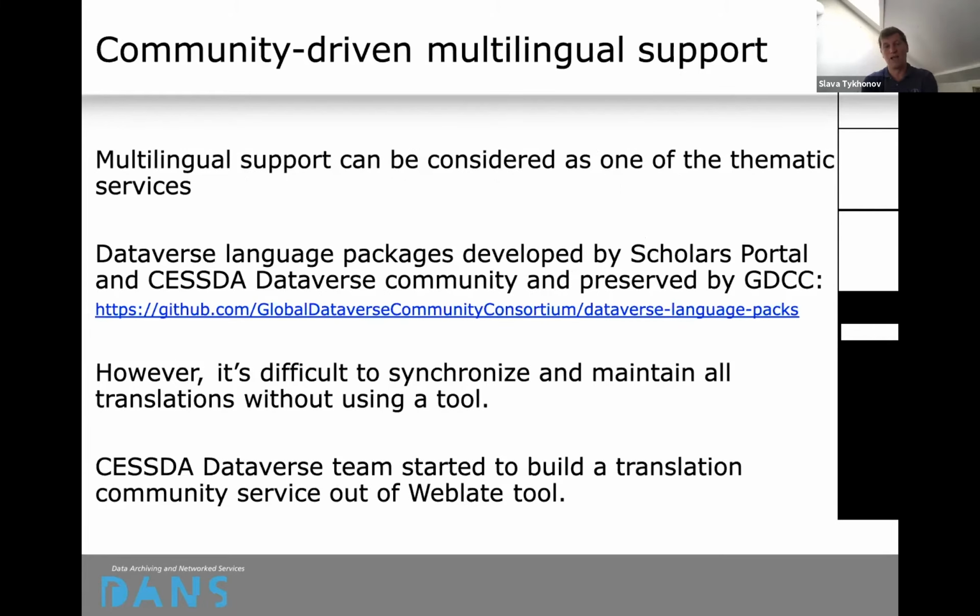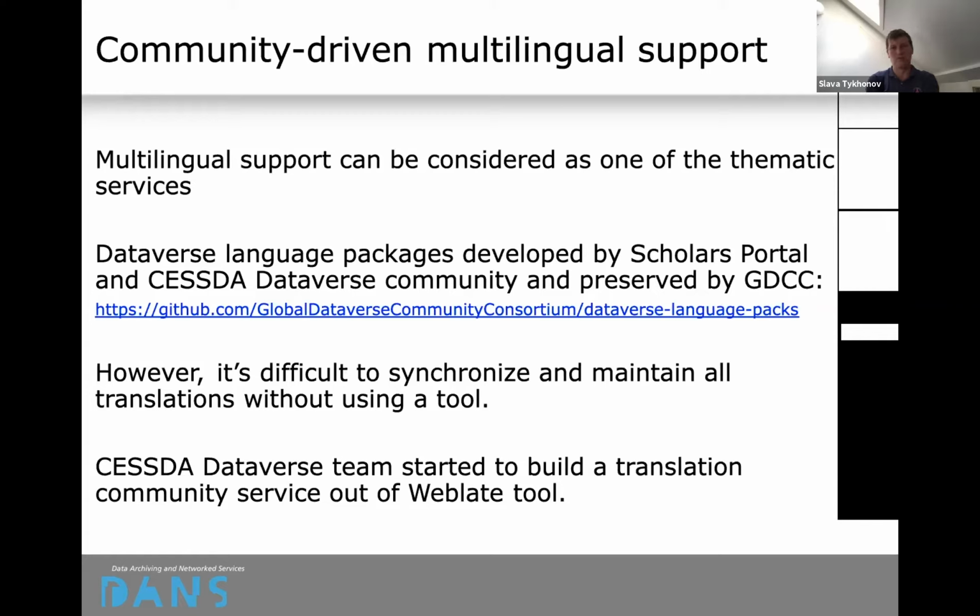Just to provide a small example, we have a lot of thematic services in EOSC, and of course, one of the necessary components is multilingual support. We are developing Weblate as a community service, and it should follow exactly the same rules as other services.